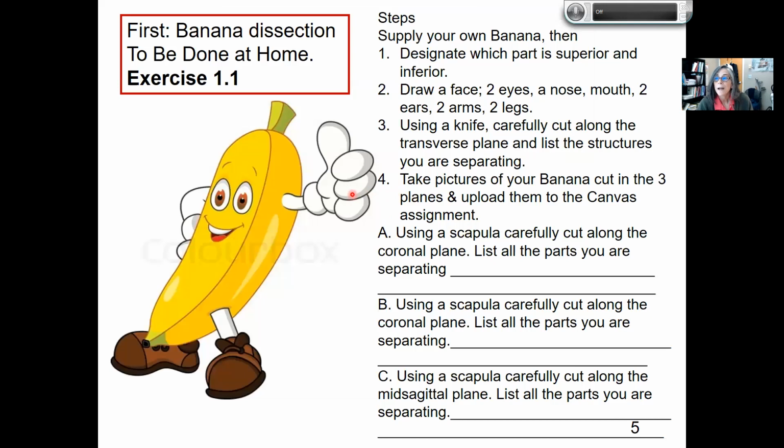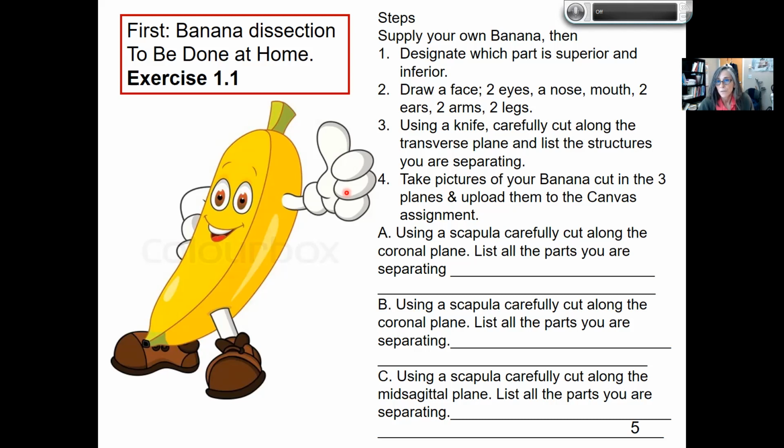Now this you're supposed to do at home. I wanted you to take a couple pictures to add to your assignment, where you're going to take your pictures of the exercise review sheets, and then you add the 3 pictures of your banana. Everybody has a banana. A banana's not a big deal to get, and then you're just going to cut it. Now, of course, if you don't give a face or a body to the banana, you're not going to know what side or what end is what.